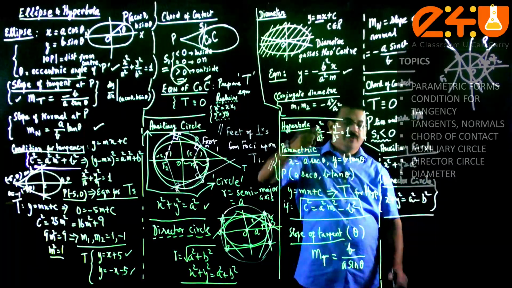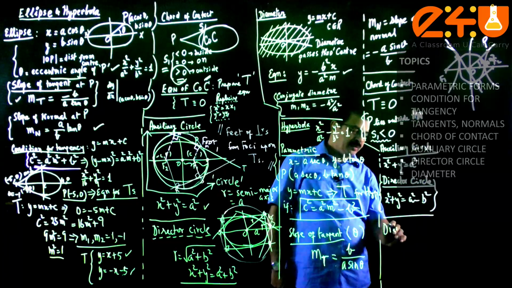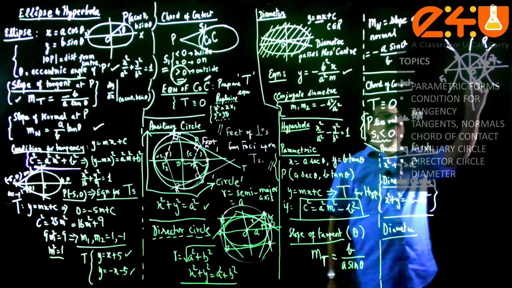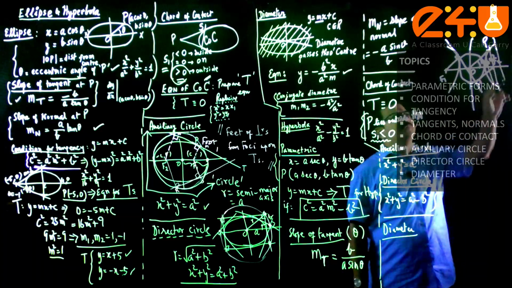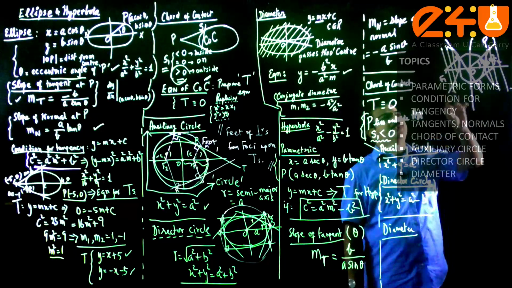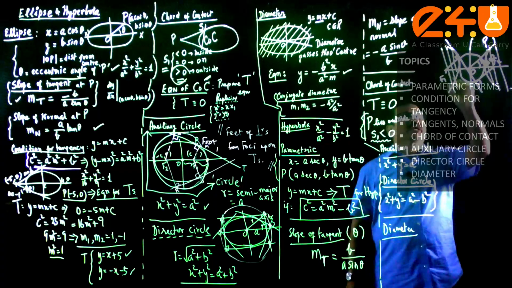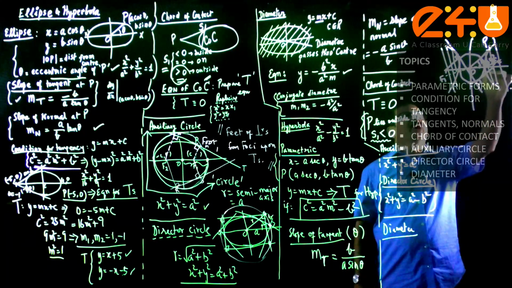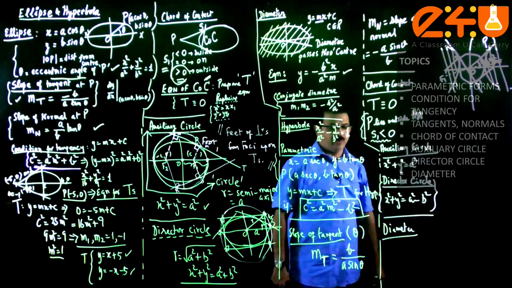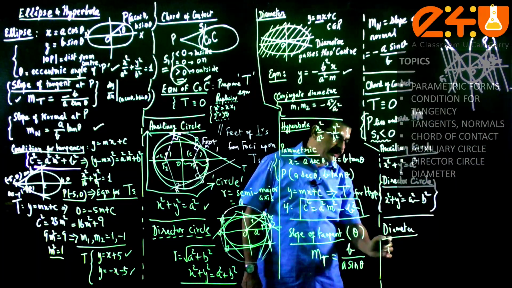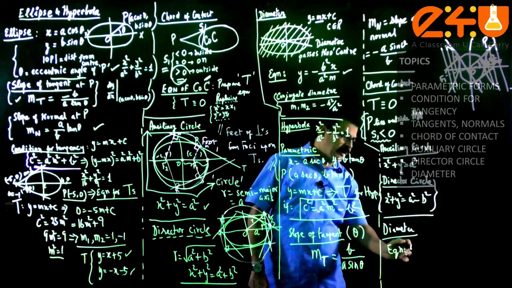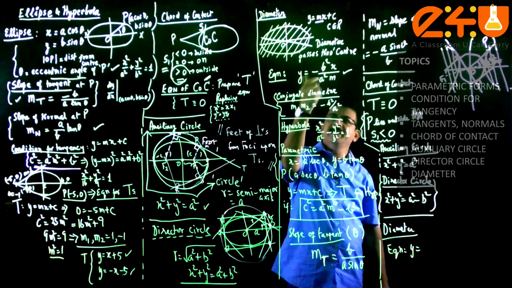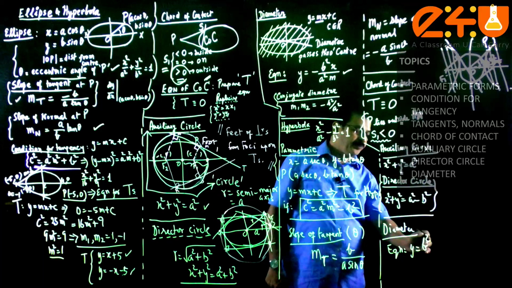Similarly, the diameter concept also, the equation of the diameter, the meaning does not change. You prepare a system of parallel chords cutting the hyperbola, take their midpoints, and keep joining them, and the line still passes through the center of the hyperbola. The equation is y equal to b squared x by a squared times m. The sign of b squared has to be changed, but here it is already negative, so you make it positive.